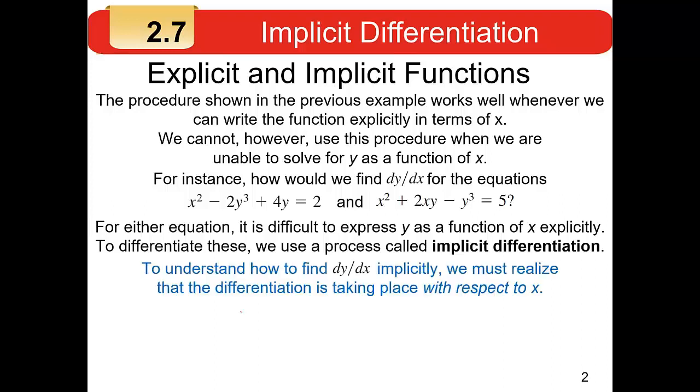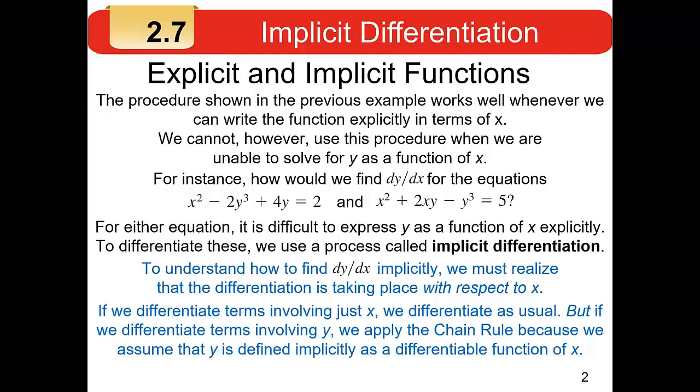To understand how to find that dy over dx or y prime implicitly, you've got to realize that the differentiation is taken with respect to x. If we differentiate terms involving just x, we just differentiate as we usually do, just what we've done in the past.